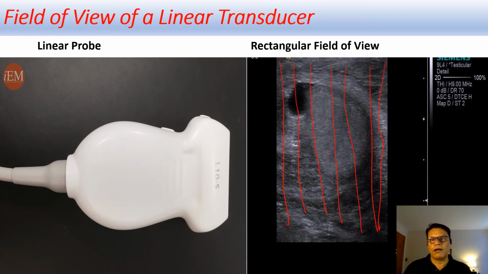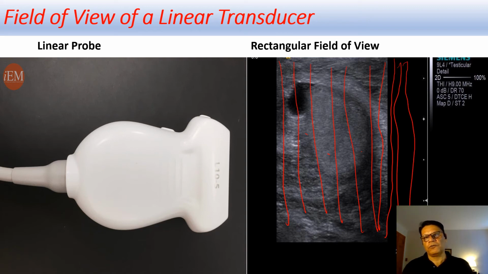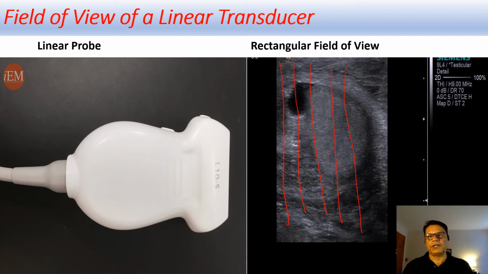It means this whole area contains scan lines, and if you increase the number of scan lines, you can increase your field of view, and you can also decrease your field of view by decreasing these scan lines. We will discuss this a little later in coming slides.